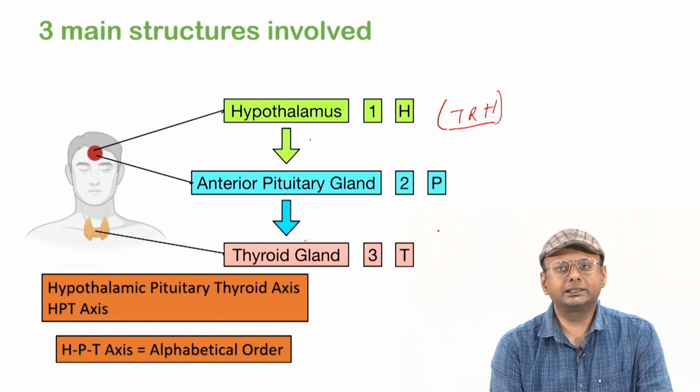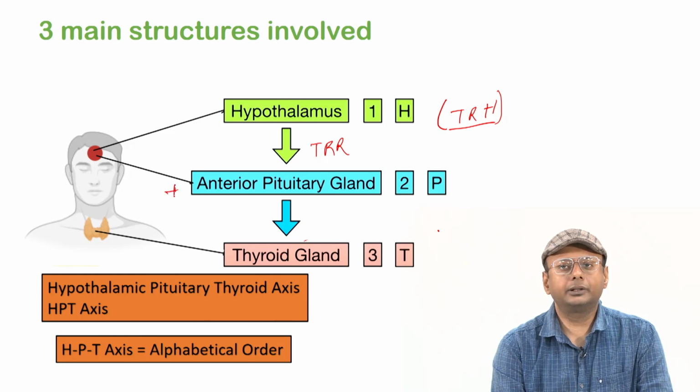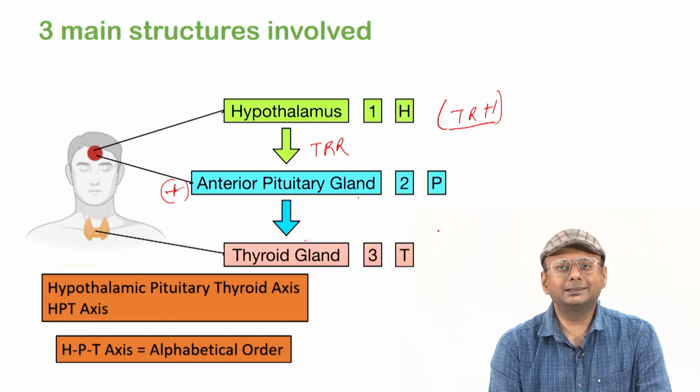Once TRH is produced by the hypothalamus, it comes out and stimulates the anterior pituitary gland, and eventually it stimulates the production of TSH, the thyroid stimulating hormone.